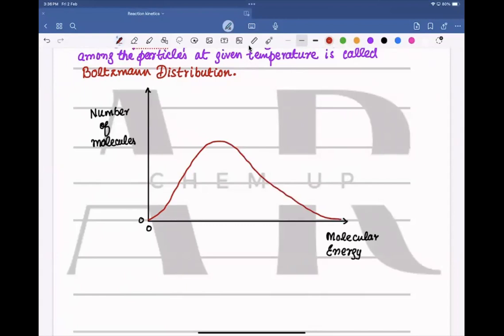See, when the energy is higher, at that higher energy, there would be very low number of molecules.